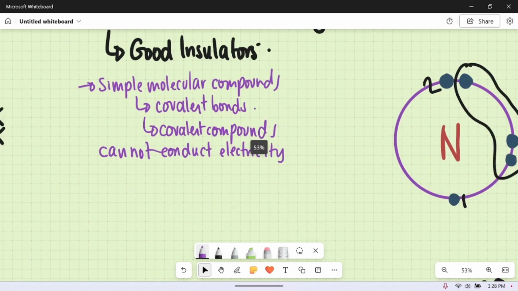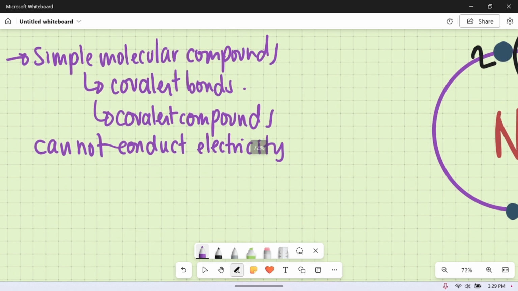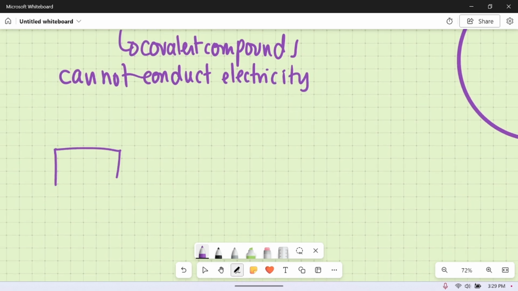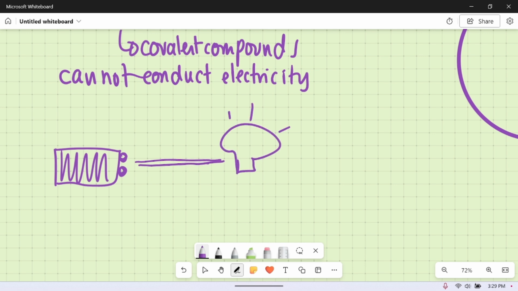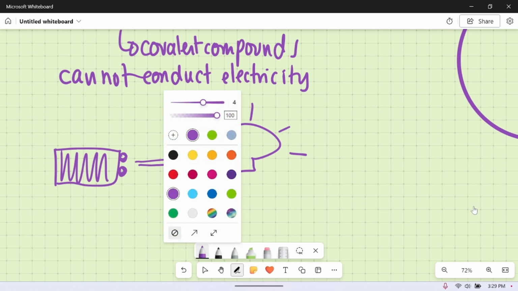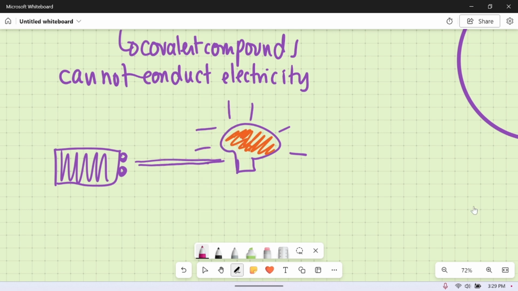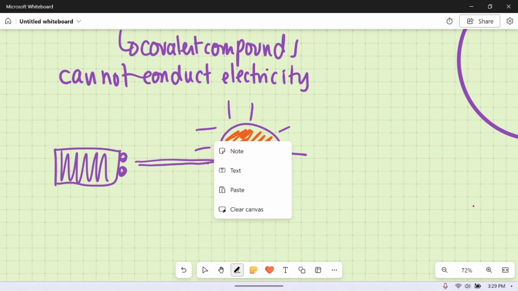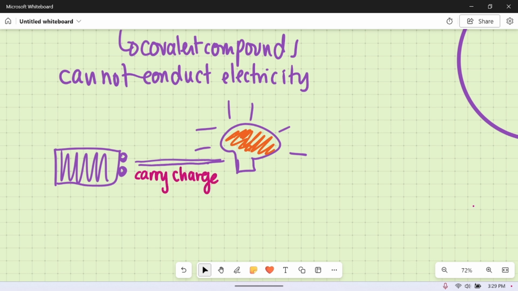And if you're wondering why they cannot conduct electricity: let's say this is a battery, and I have a wire to connect it with a bulb. My drawing is not perfect. Let's say this is the little bulb, and I'll color it orange to show brightness. In order to conduct electricity, I need something to carry charge from the battery to the bulb, because there's no other connection.